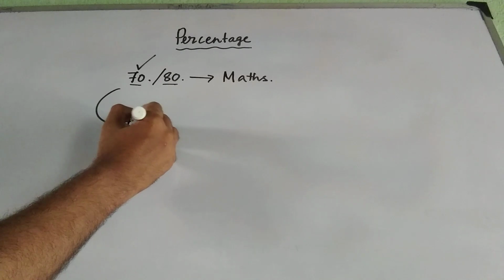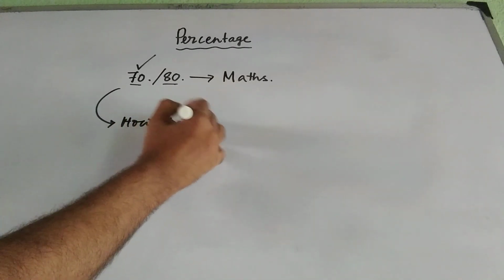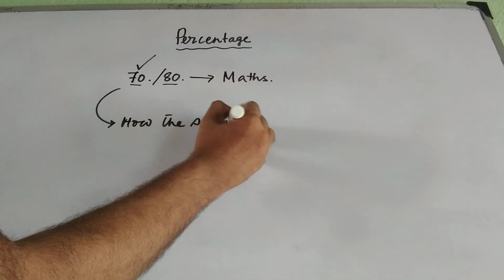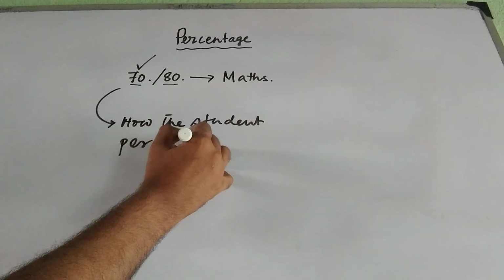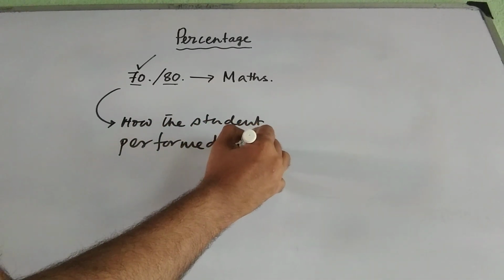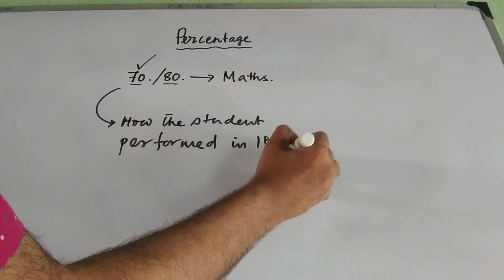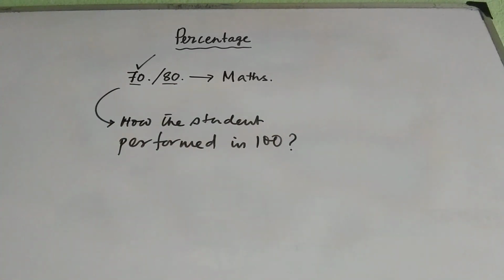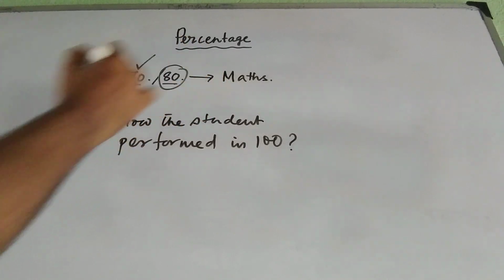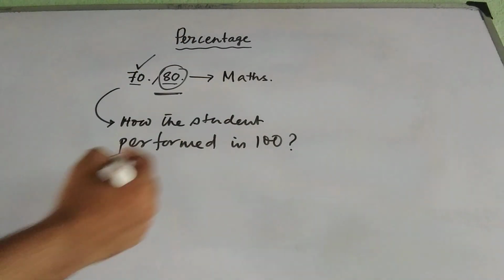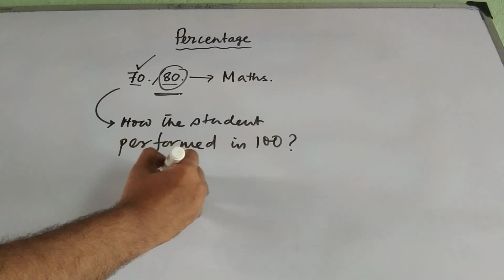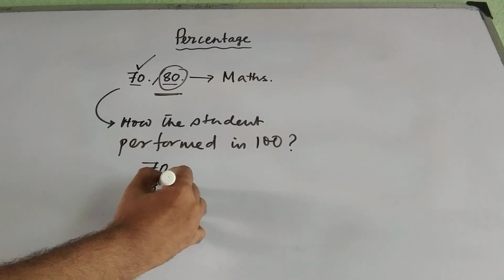the student performed in 100 marks. That means the total marks of the examination was 80, and he has got 70 on top of that.